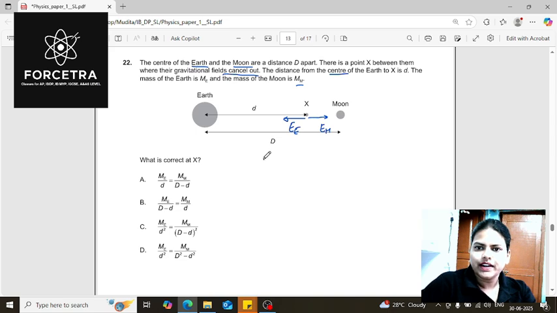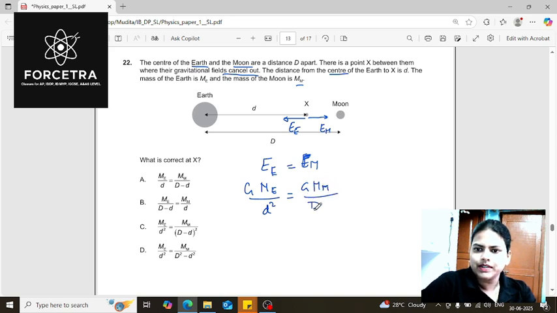So I can write that the gravitational field due to Earth would be equal to the gravitational field due to Moon. The gravitational field due to Earth is G times mass of Earth upon the distance between Earth and the point, that is small d squared, which would be equal to the gravitational field at point X due to Moon, capital G mass of Moon upon the distance between them.